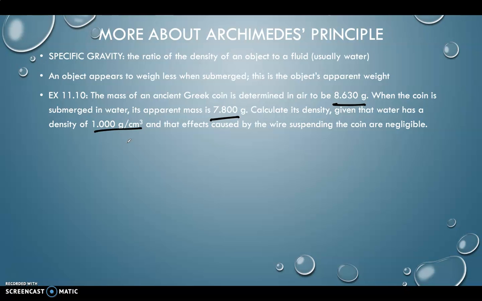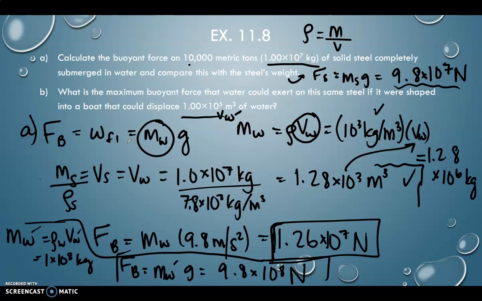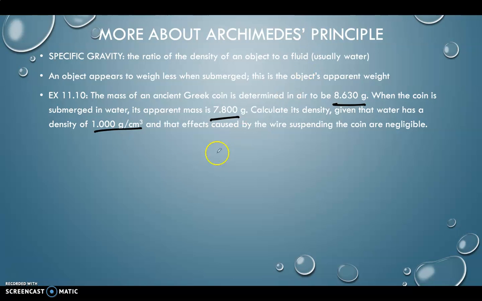So, we want to calculate its density here. We have two different masses: the mass in air and then its apparent mass underwater. Remember that density is equal to mass over volume.